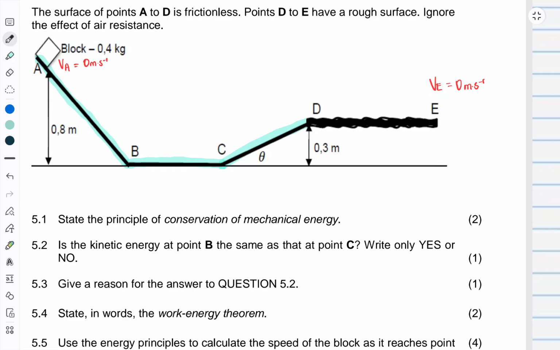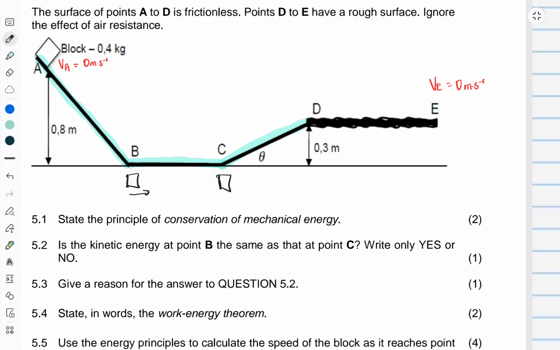Remember, there are two ways to think about it. When this object is at point B and approaching point C, there is no friction here, so it is not affected by friction. There's also no air resistance, which means it's basically an isolated system. So there's nothing slowing down the block.